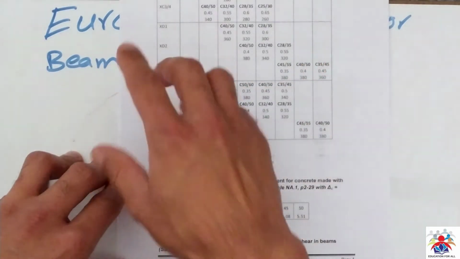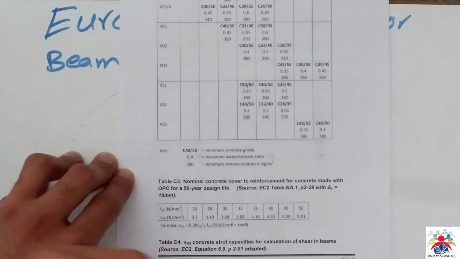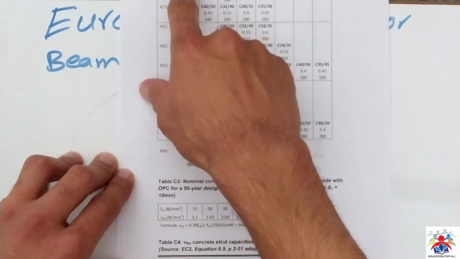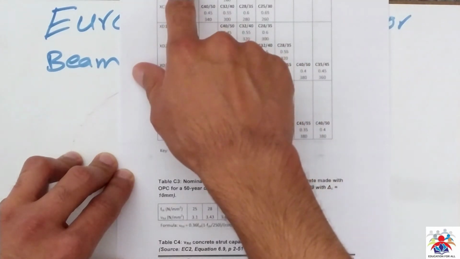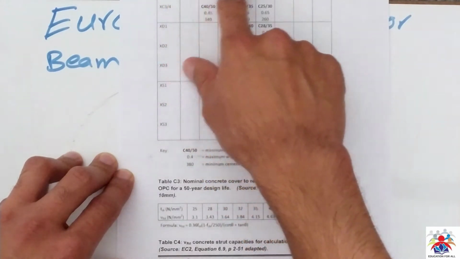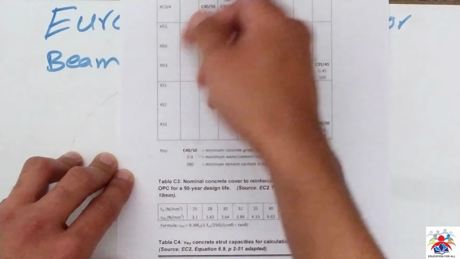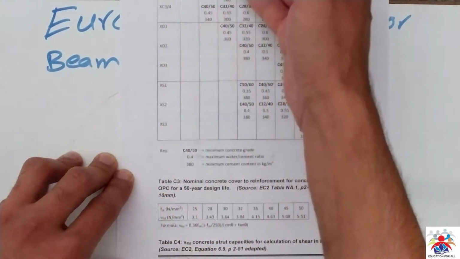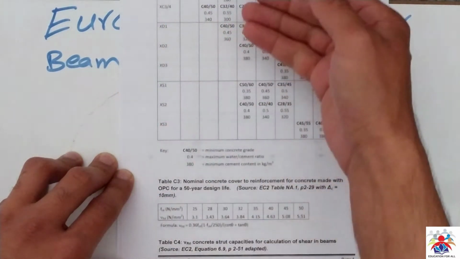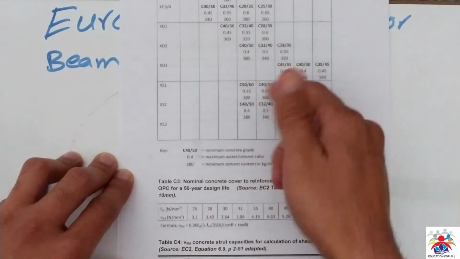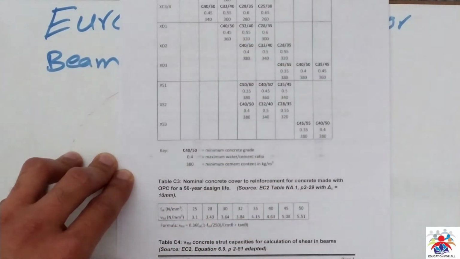If you are using the XC1 exposure class, which we have seen in our previous table, then your nominal cover would be 25 millimeters, 30 millimeters. If you are using XC2, then it will be 30, XC4, then it will be different again. We will also use this table while designing our beam.